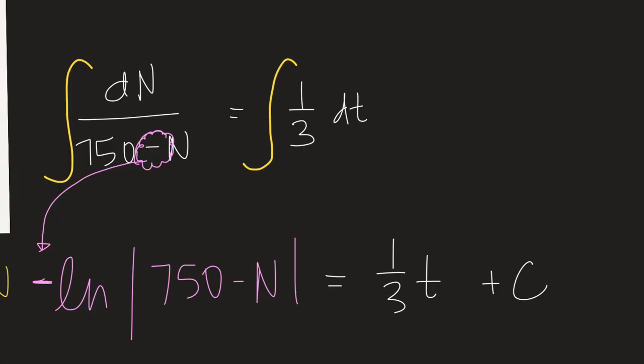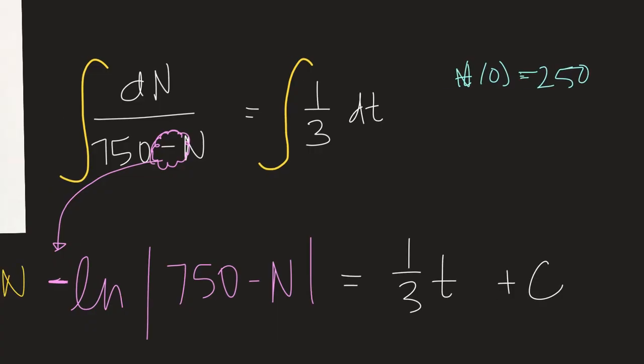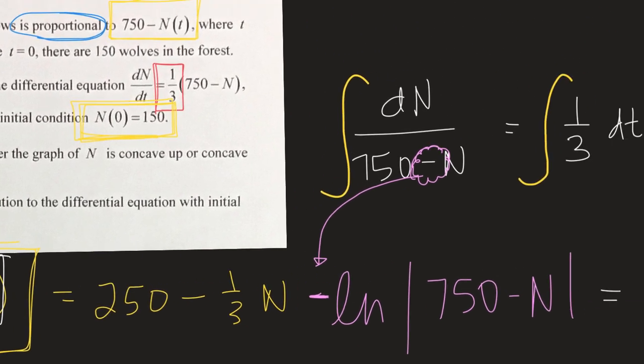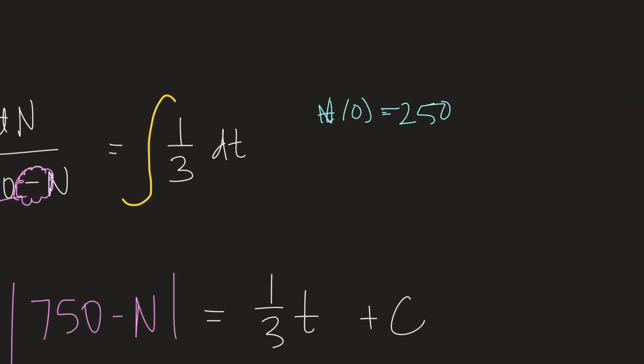Okay, so we knew that n of 0 equals 150 wolves.